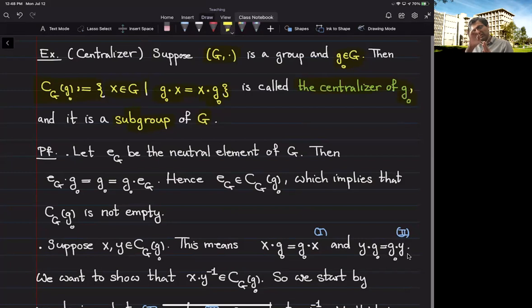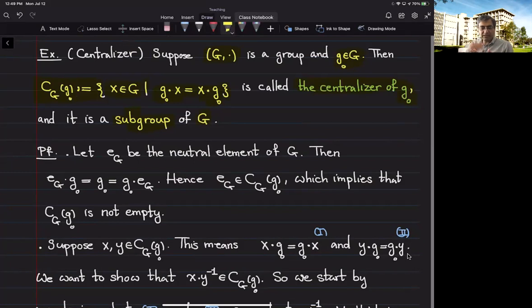To show that, sometimes we first discuss what happens to y inverse, then bring in x into play. But let's start with arguing why it is not empty. Often, it is useful to think about the neutral element when we want to show a certain set is not empty in order to prove that it's a subgroup.